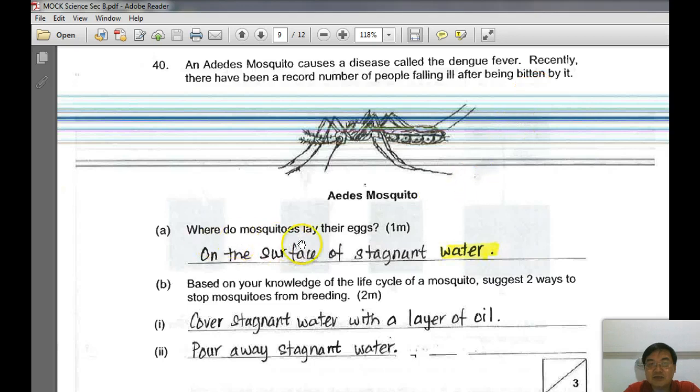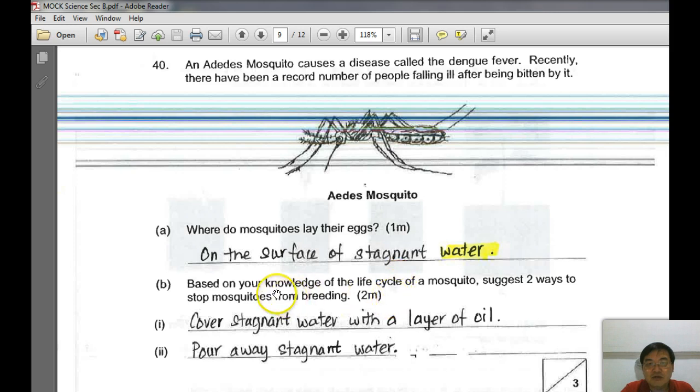Now, where do mosquitoes lay their eggs? Of course, in water, but there are many other animals that lay their eggs in water. Especially for the mosquito, they would prefer to lay in stagnant water, where the water is still and not flowing, or it does not have any waves and so on, just stagnant water.